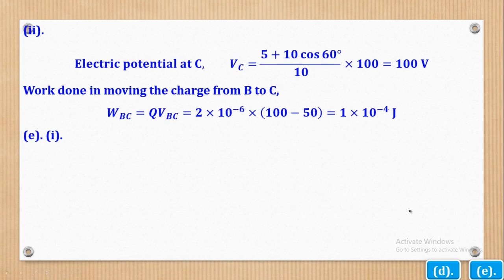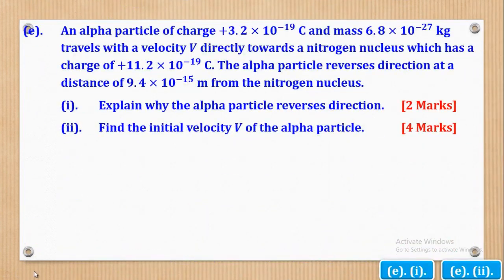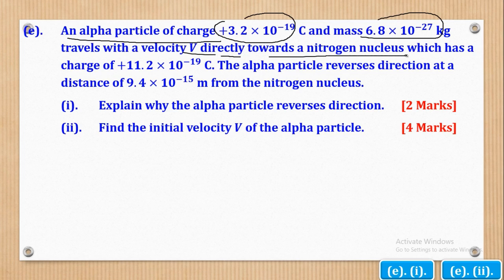So now we shall go to part E, Roman 1. Part E says, an alpha particle of charge positive 3.2 exponent negative 19 coulomb and mass 6.8 exponent negative 27 kilograms travels with a velocity v directly towards a nitrogen nucleus which has a charge of positive 11.2 exponent negative 19 coulomb.